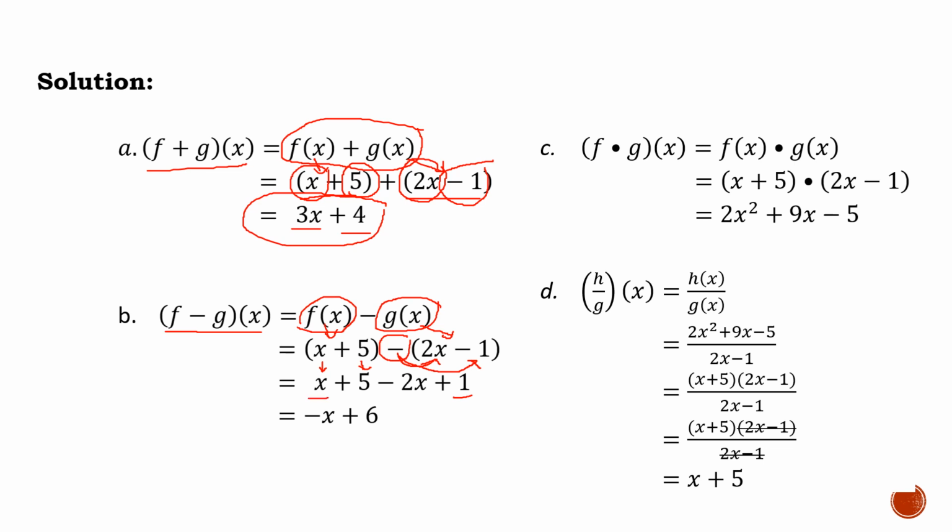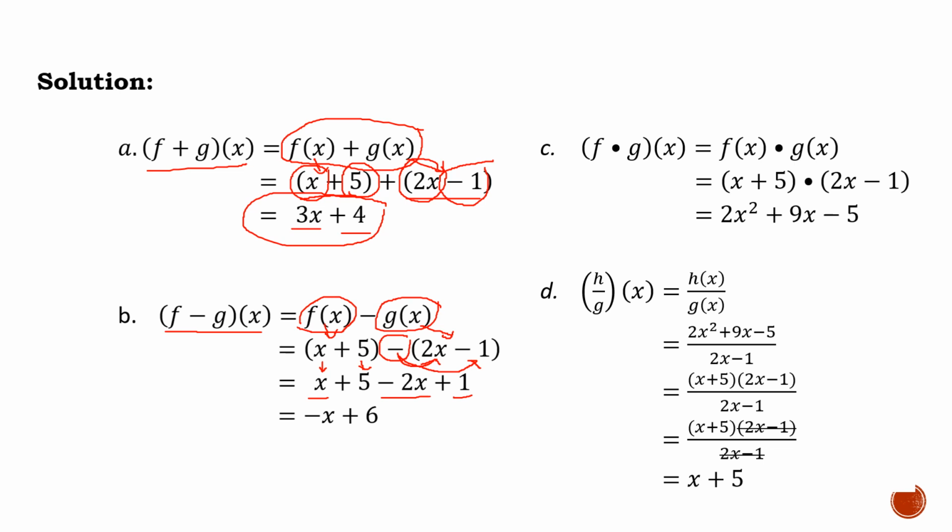Now, we just simply add this positive x and negative 2x because they have the same variable attached to them, same thing with the exponent. So x minus 2x, we follow the higher absolute value of the greater number, then that will be negative 2.